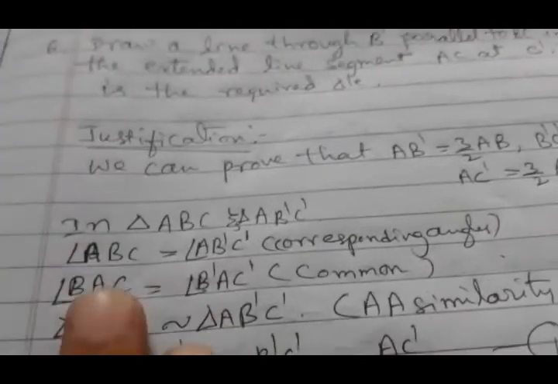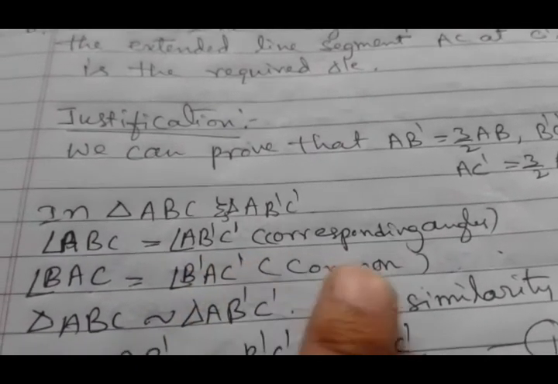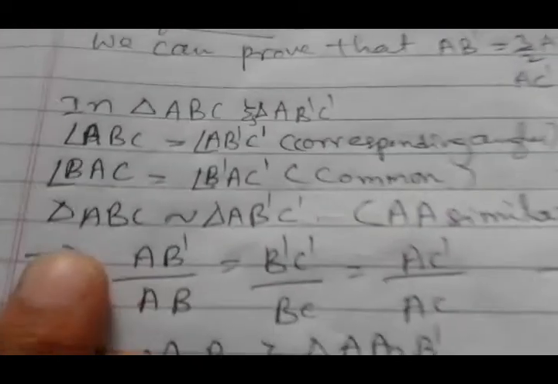We got the justification. For justification, angle ABC is equal to angle AB dash C dash because they are corresponding angles. See this one, they are corresponding angles. These two are parallel lines, therefore these two are corresponding angles, and this angle is common for both, therefore these two triangles are similar by AA criteria.